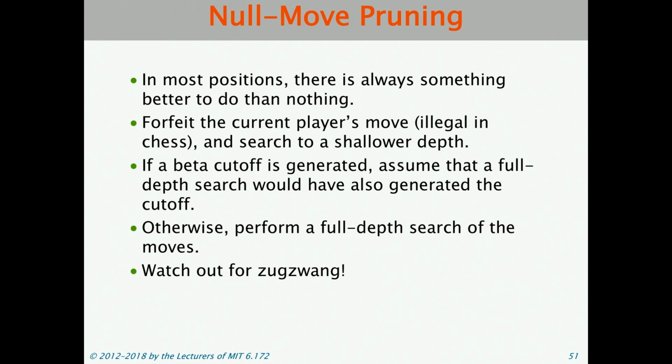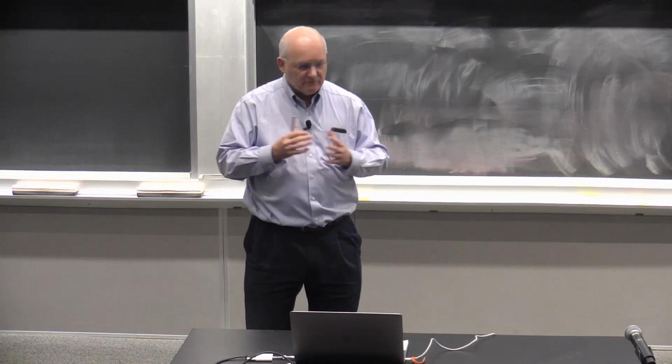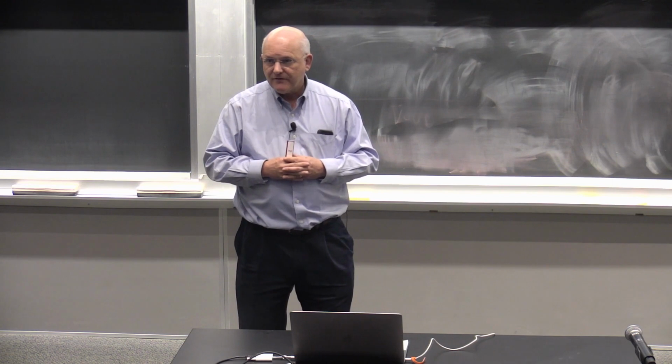Then I'm still winning, and it generates a cutoff, so why bother exploring any other moves? I'm probably in a really good position here. If I don't manage to get a cutoff from the null move, then I do the full depth search.